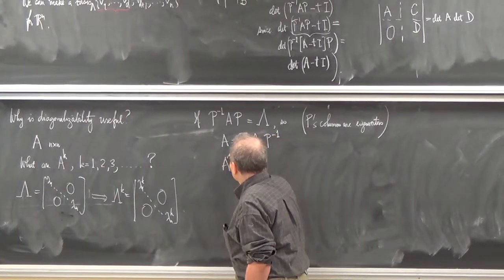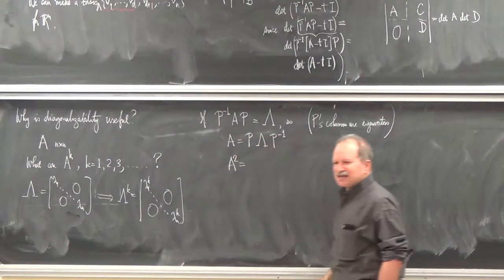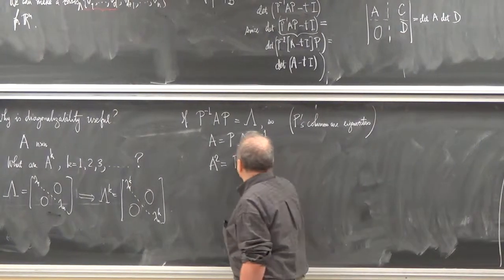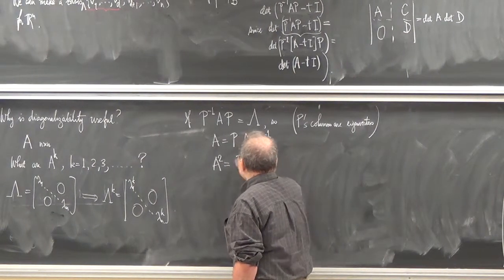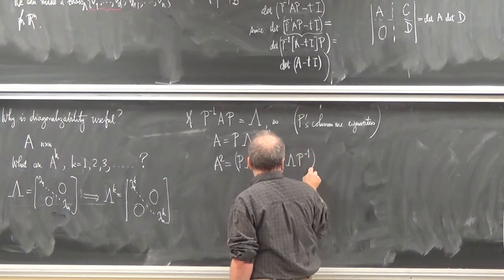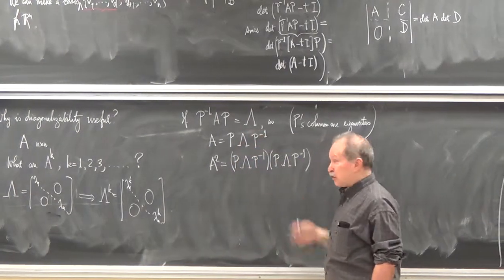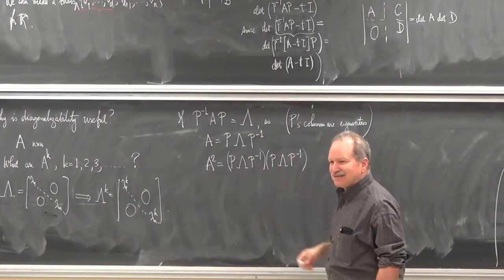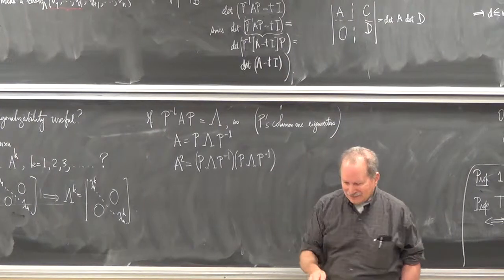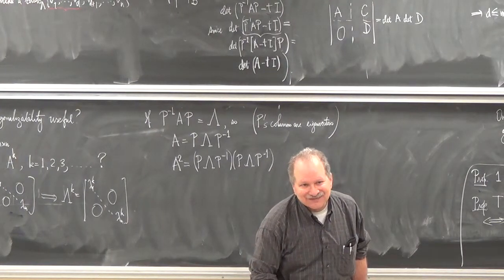So if I take A squared, I think you guys realized this back when you had some web work on this last semester. Why is it important that these columns are eigenvectors in this application? Because that's how you're going to find the P. Okay, so what happens if you square A? It just becomes P lambda squared P inverse, right?